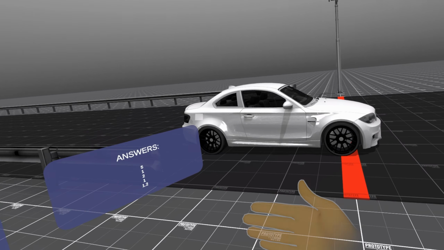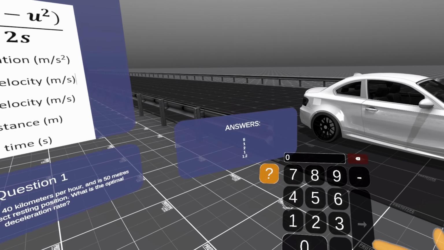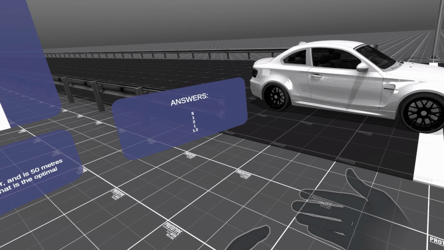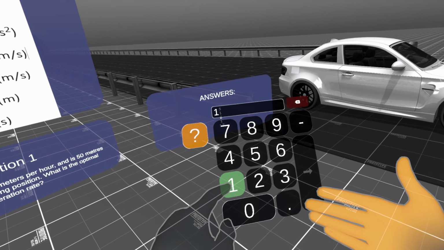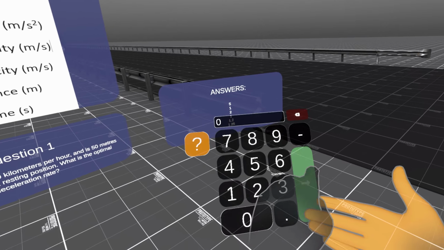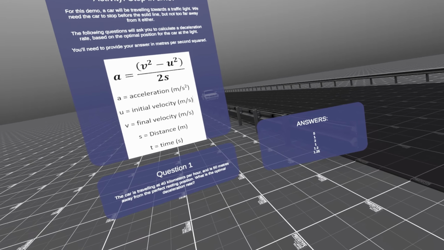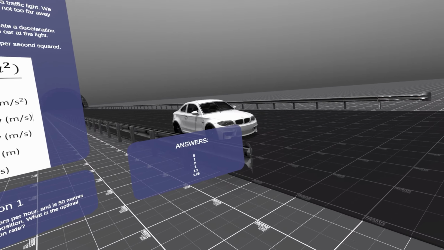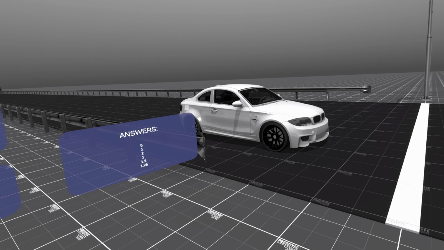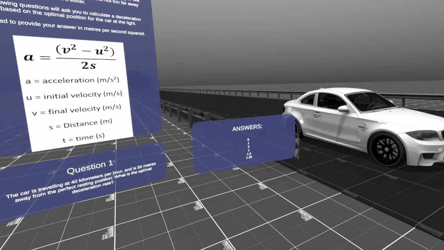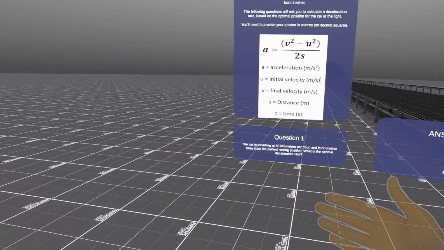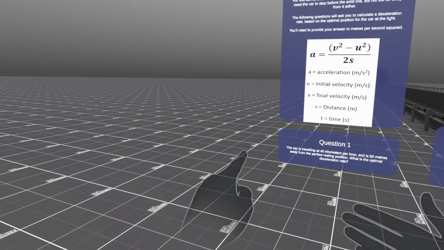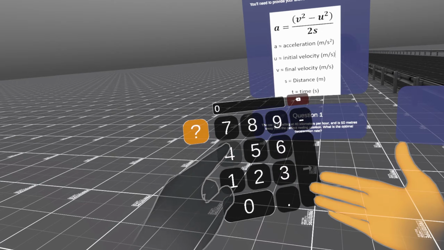Keep striving, but very close. So 1.25, I think, is probably right. That's not quite accurate. Keep up the effort. All right. Let's see if there's any useful information that could help us here.